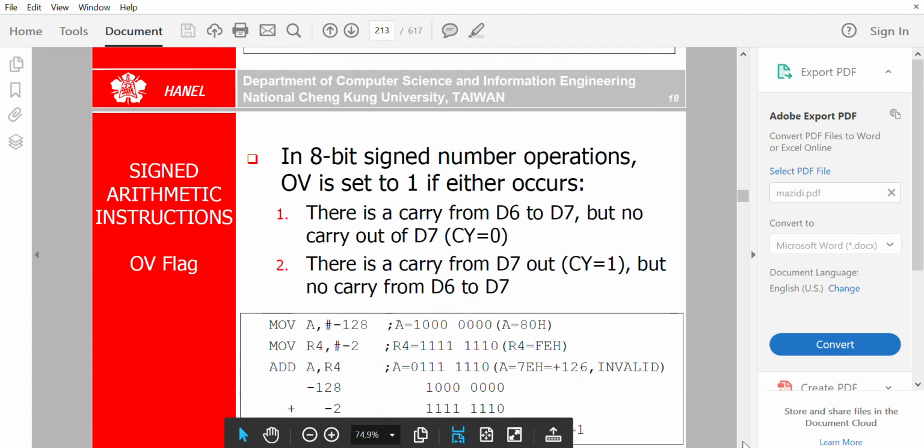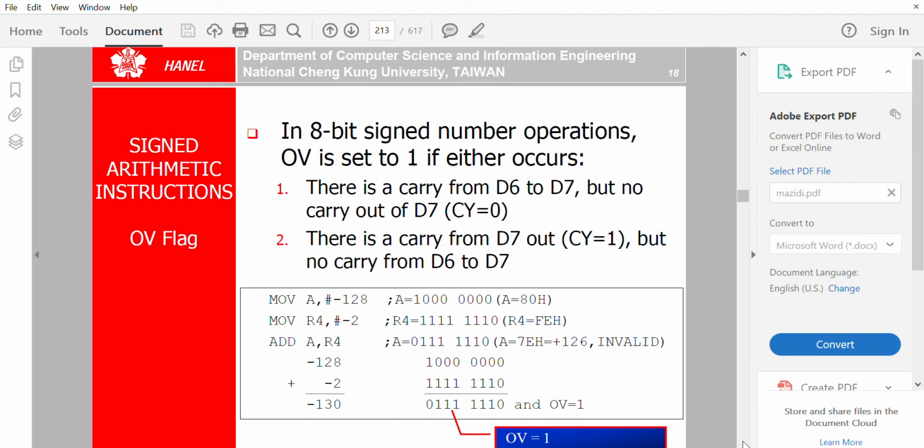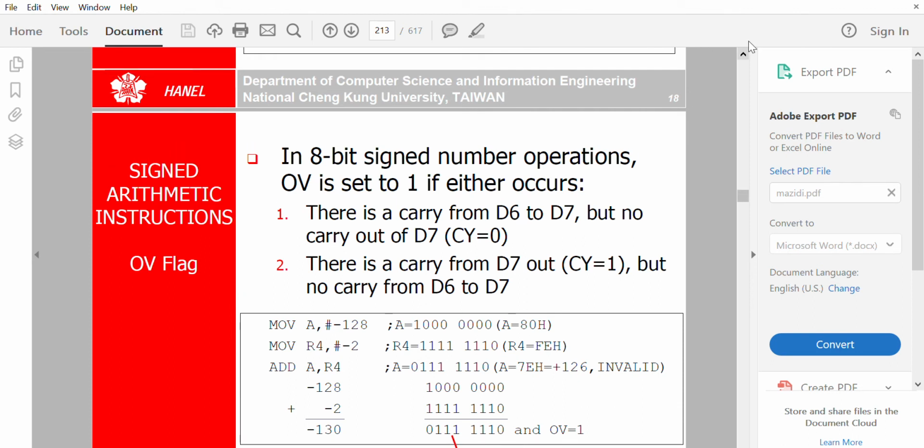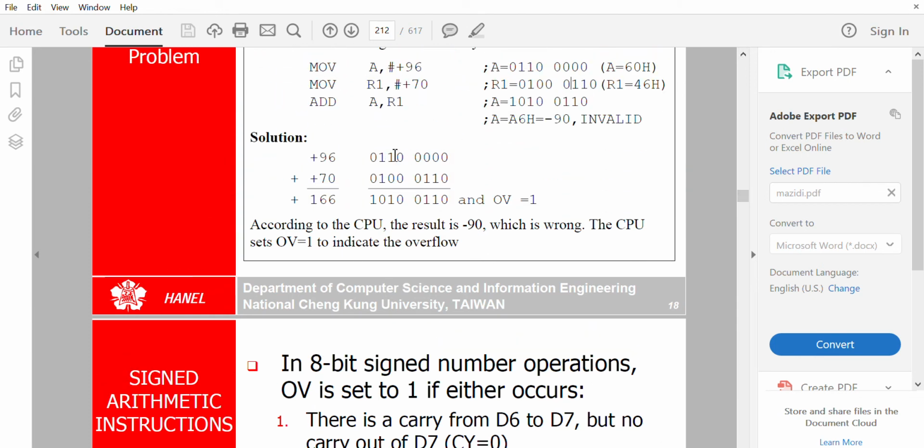So there are two cases during which the overflow flag is set. One is when there is a carry from D6 to D7. Okay, D6 to D7. So 1 plus 1 is 0, carry 1.